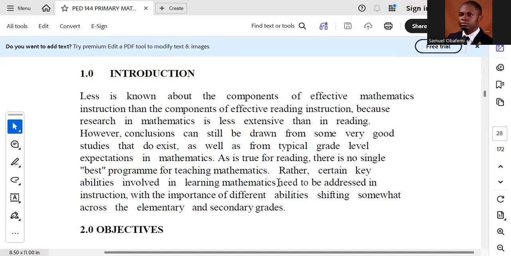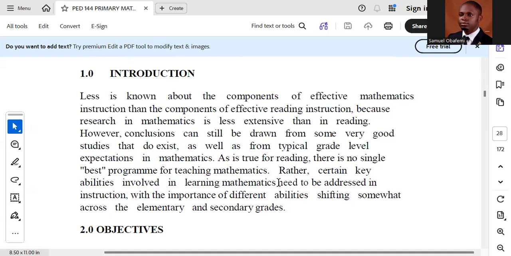Let's say in a crèche, or maybe in a primary 1 or nursery 2, in such a class, if you say 3 plus 5 is equals to 8, one child will look at it and memorize it.